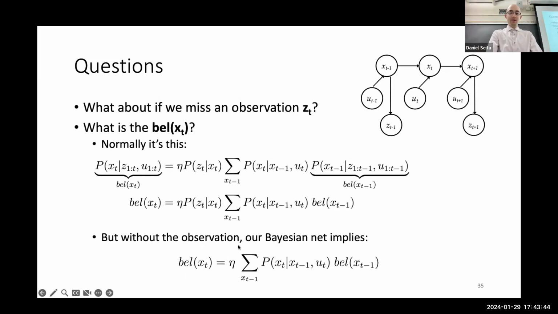It wouldn't be the same as the one here, but it's just some normalizing constant weighted by this. Essentially this is like our belief overbar, like before we incorporate our sensor reading. Yeah, I think that's what the comment in the Google Doc is saying.